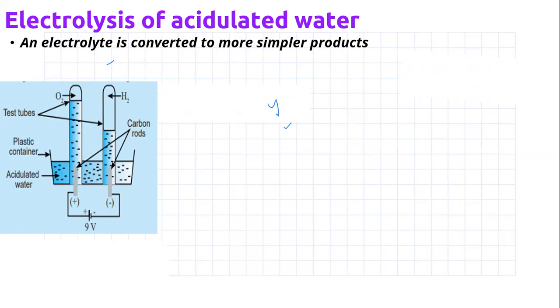And then let's add acidulated water, for which we put a few drops of sulfuric acid into water. And then when we complete the circuit, there will be electricity. So at the end of this experiment, you can see gas bubbles collected in both test tubes.